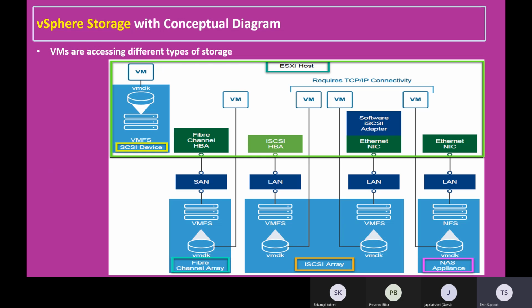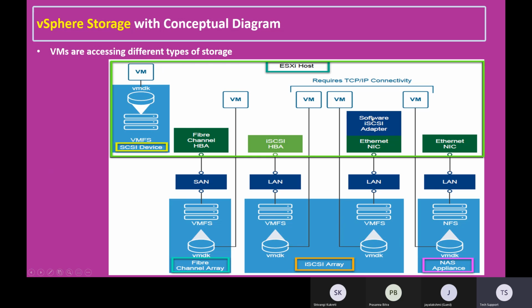In the conceptual diagram, we can just focus on the middle one, the iSCSI array. Within the iSCSI array, there are two main interface card types: hardware iSCSI HBA and software iSCSI HBA. Today, I will show you how to configure the software iSCSI adapter, because we do not have a physical iSCSI HBA card in our lab environment. In our home lab, if we do not have an iSCSI hardware HBA card, we have the facility to do software iSCSI.